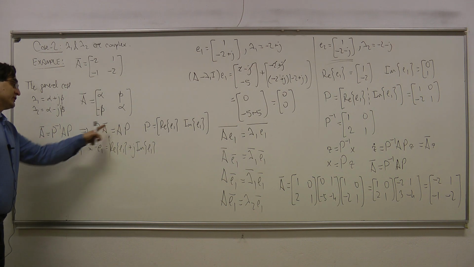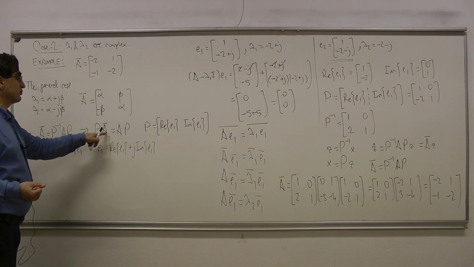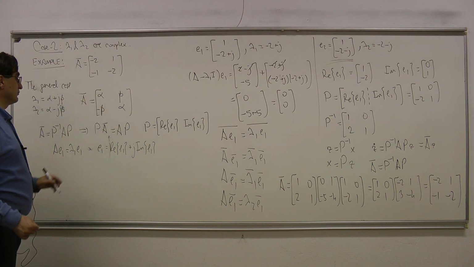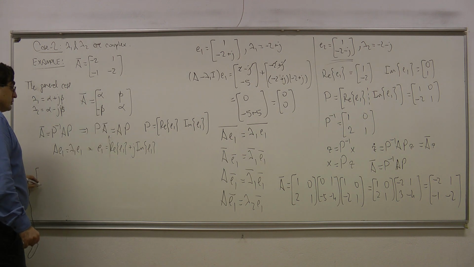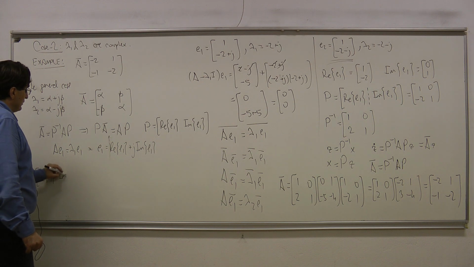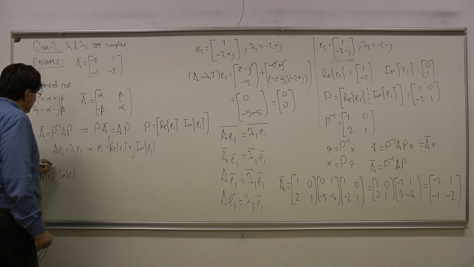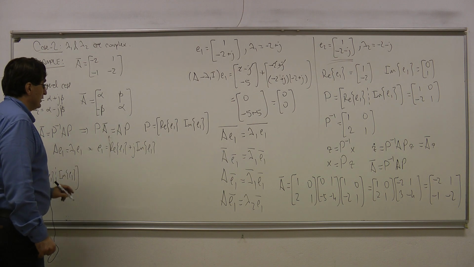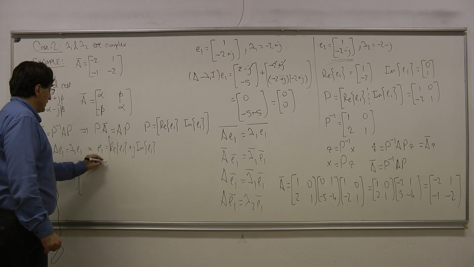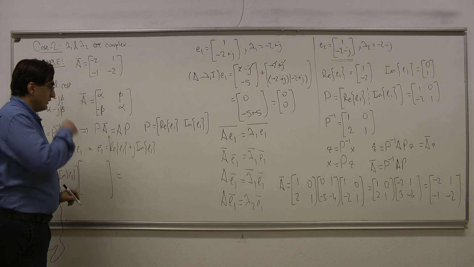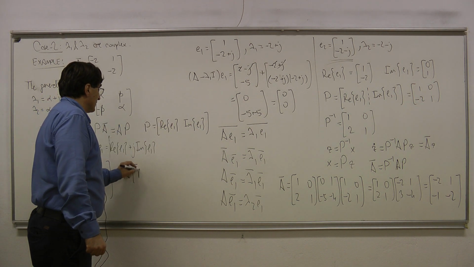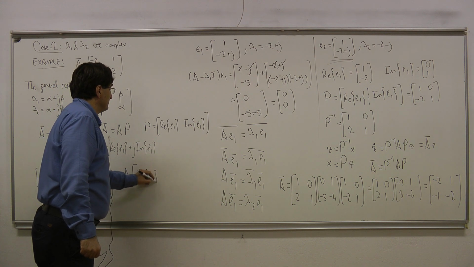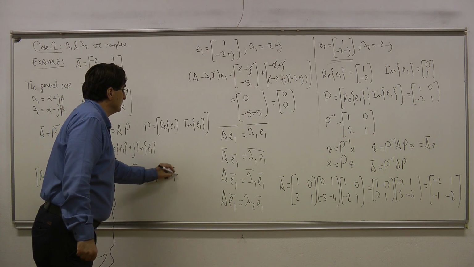So now let us use this equation to show that A bar is going to be in this form. So I will write P first. P is going to be this matrix, real E1 and imaginary E1. These are the columns of the P matrix. A bar, which is what I would like to find here, is equal to A times P again, real E1 and imaginary E1.